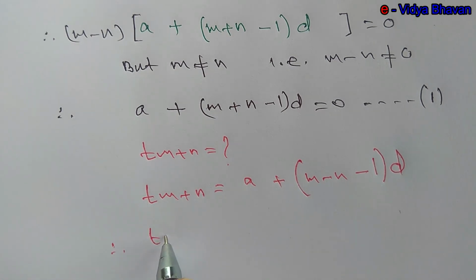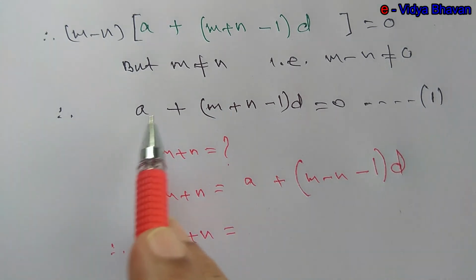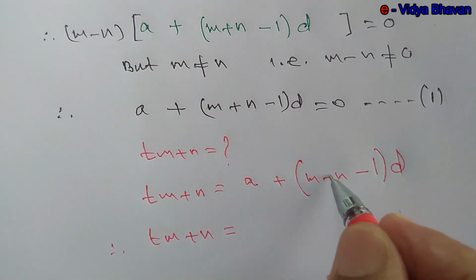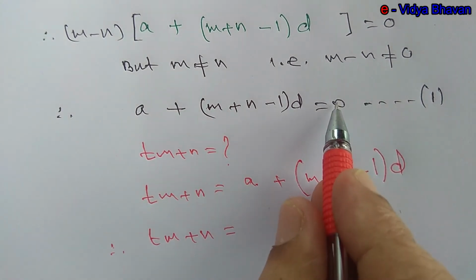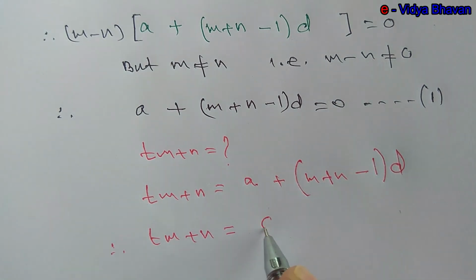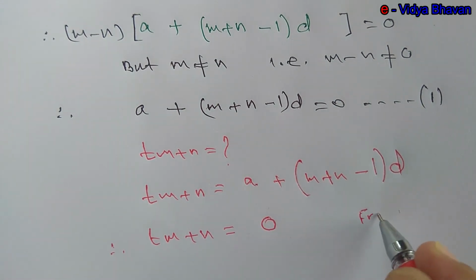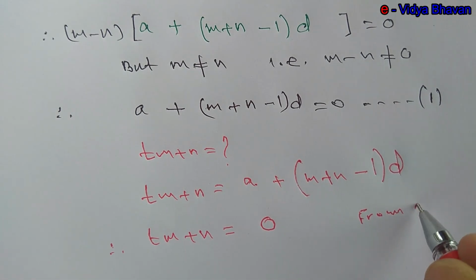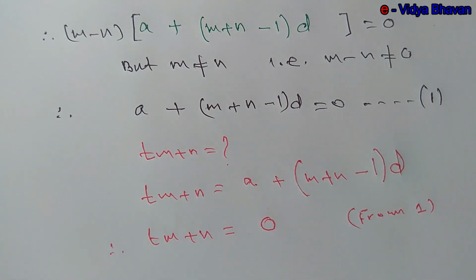Therefore T m plus n is equal to a plus m plus n minus 1 d, which is going to give me 0 from statement number 1. Hence the proof.